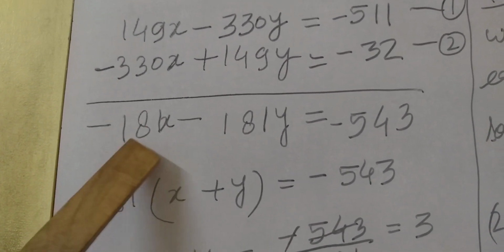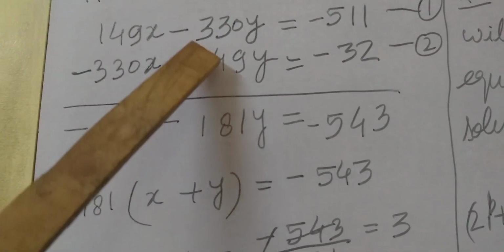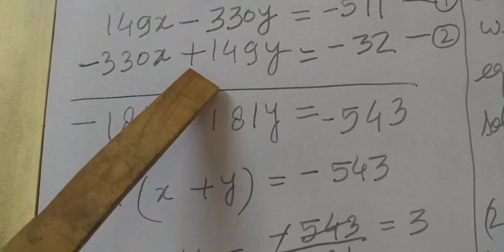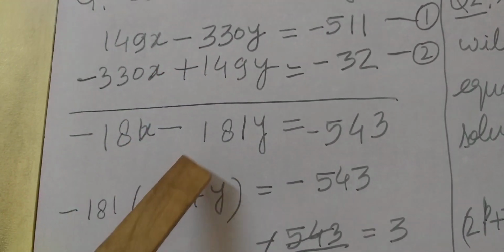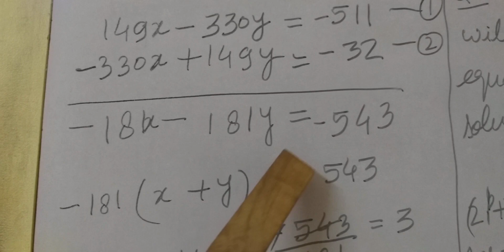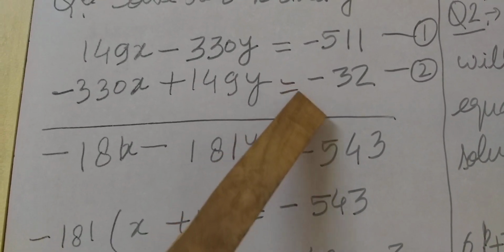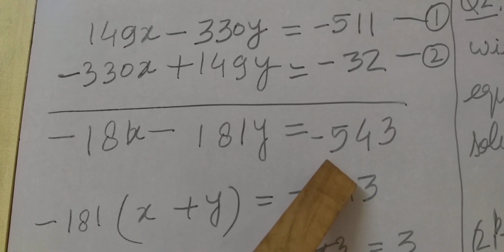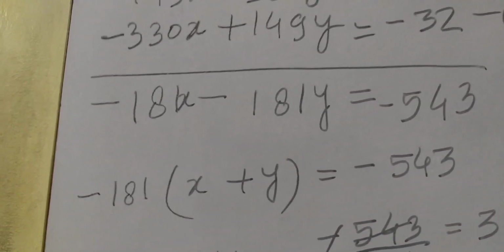Answer is minus 181x. Similarly, here you can see, students, both have different signs, so both are subtracted. The minus value is greater, minus 181y. Both have the same sign here, so both are added. So when we add, the answer is minus 543.